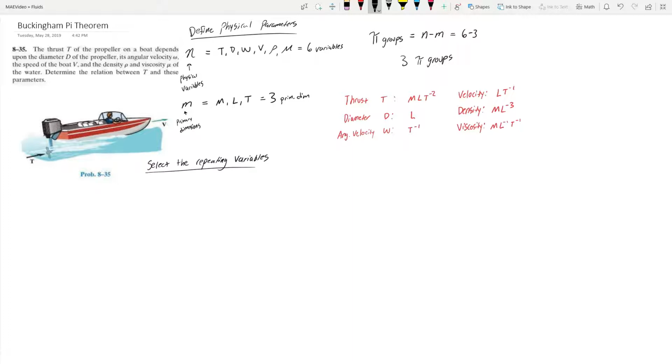We have 6 overall variables since n is equal to 6, so we're going to select an m quantity of them. In our case, m is 3, so we're going to have 3 repeating variables.